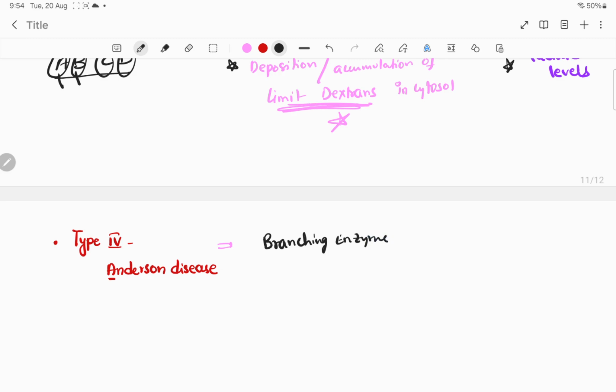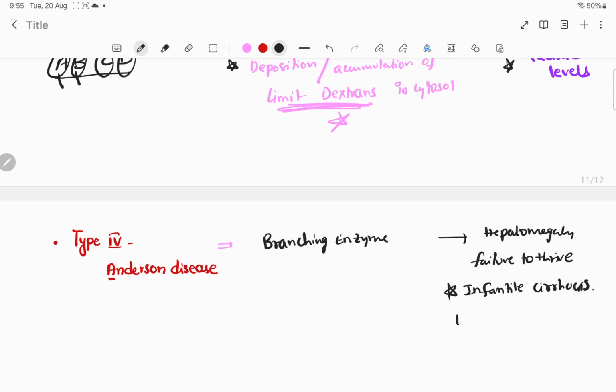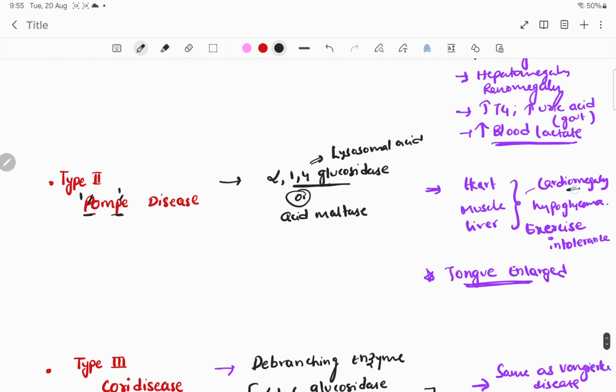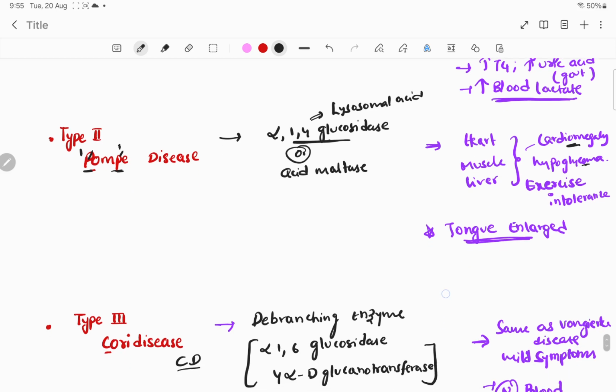How will this patient present? Hepatomegaly, failure to thrive, and one more important thing, infantile cirrhosis, hypotonia, cardiomegaly, hypoglycemia, everything similar to Pompe.